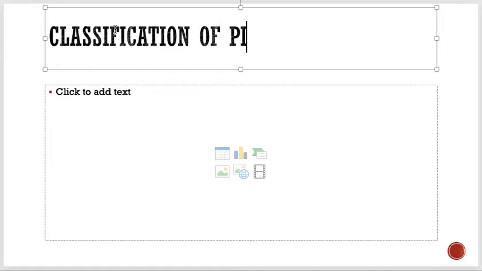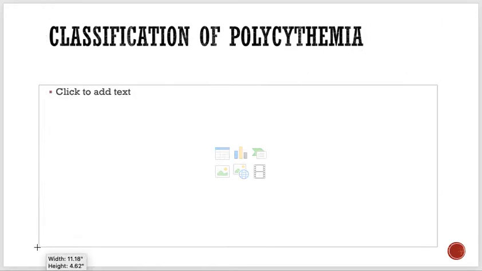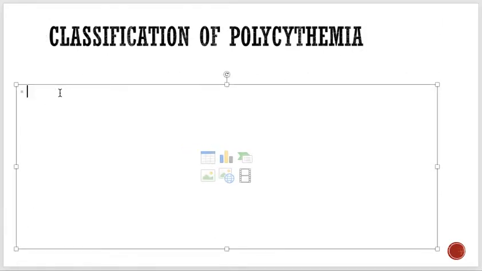So, classification of polycythemia. Remember, there are two main types of polycythemia: one is the true polycythemia, and the other is the apparent one.